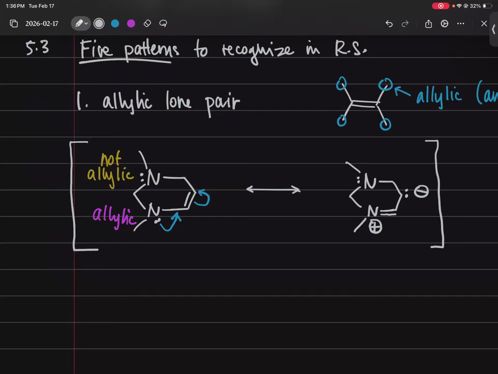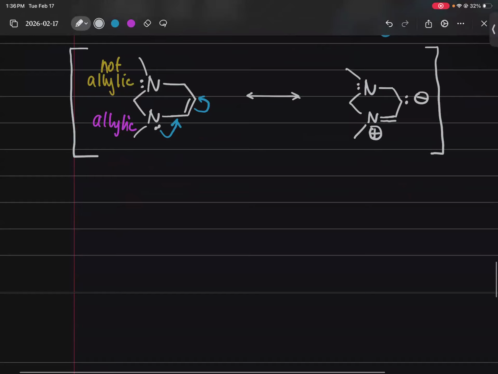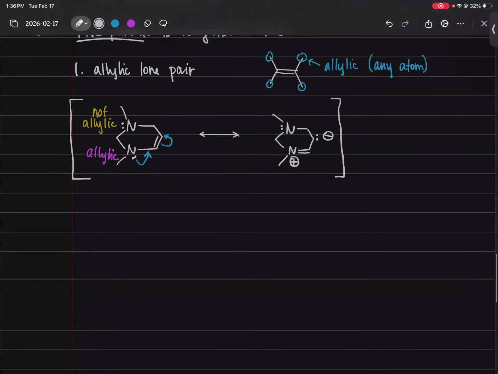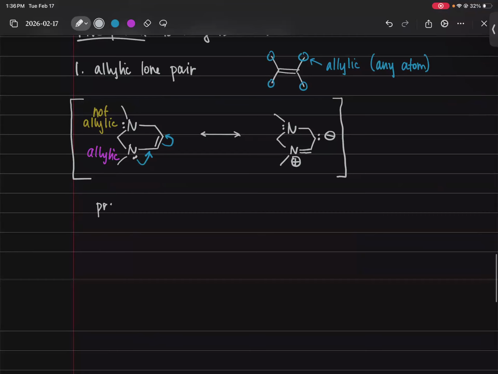Okay, so that's an allylic lone pair. For practice, the simplest example of an allylic lone pair is that.